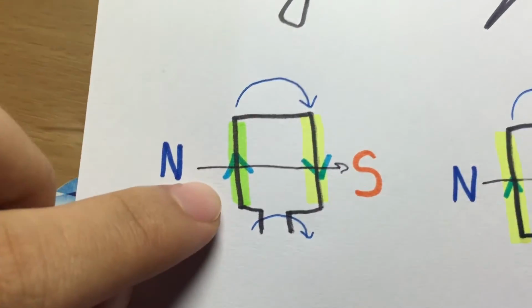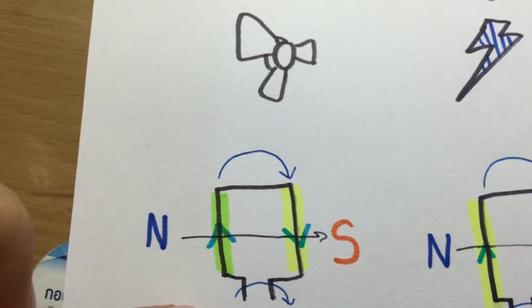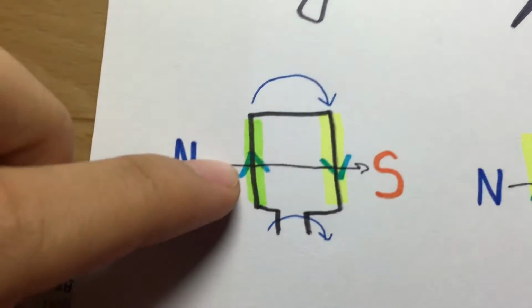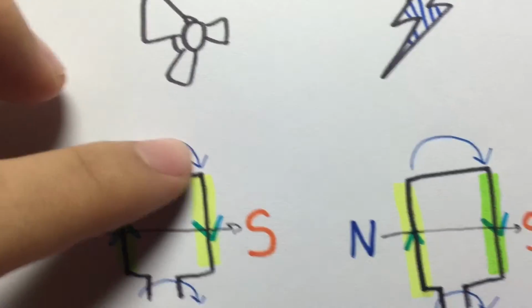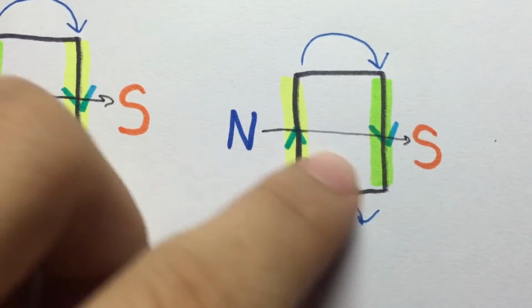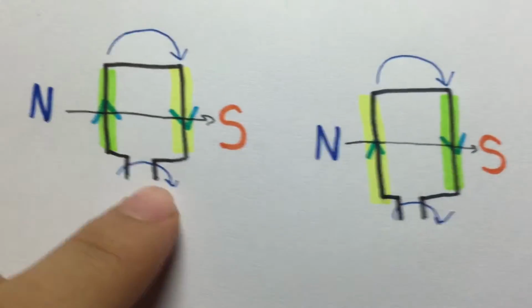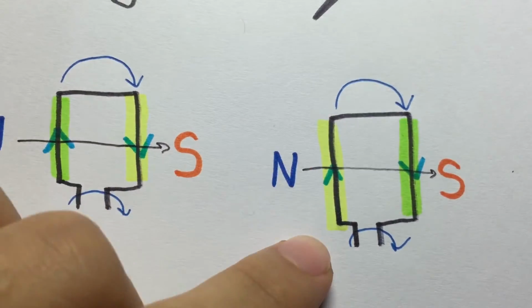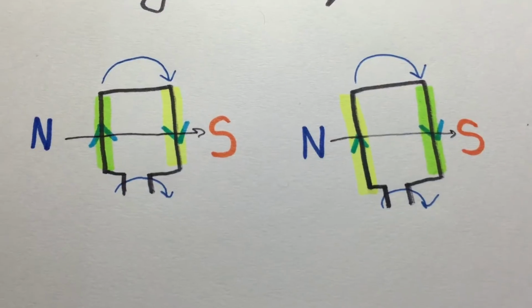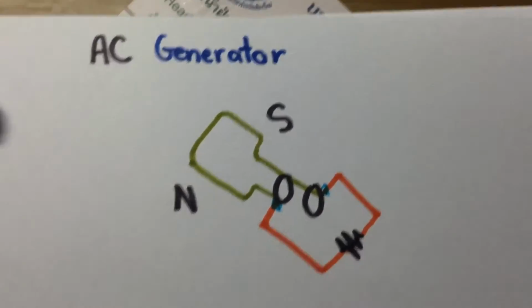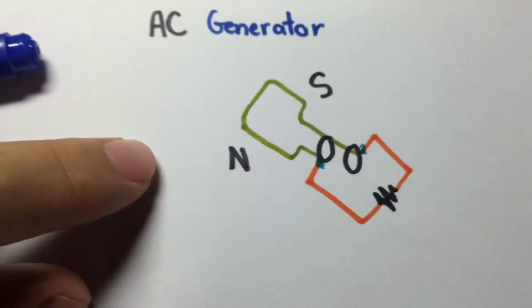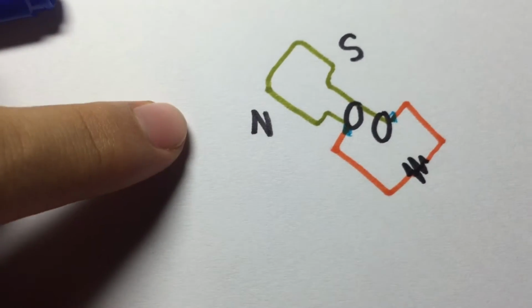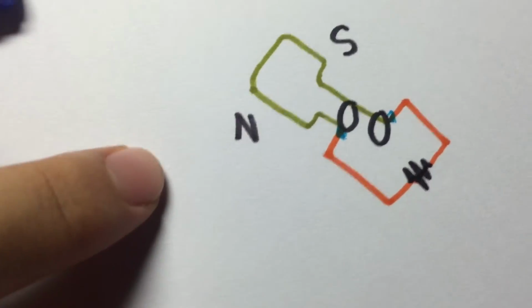And here in the green region, the current flows upwards, as you can see, but when we flip, the current will go downwards, and this will reverse with the yellow region.